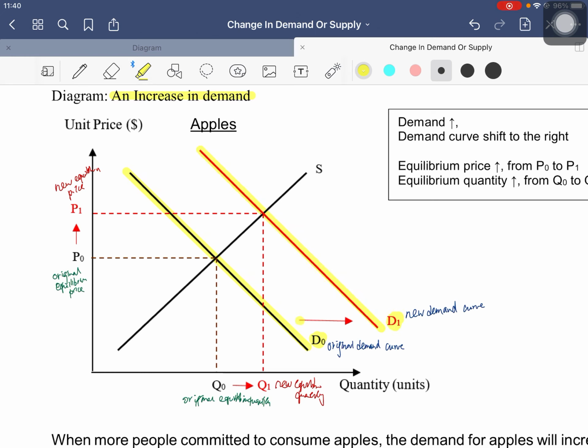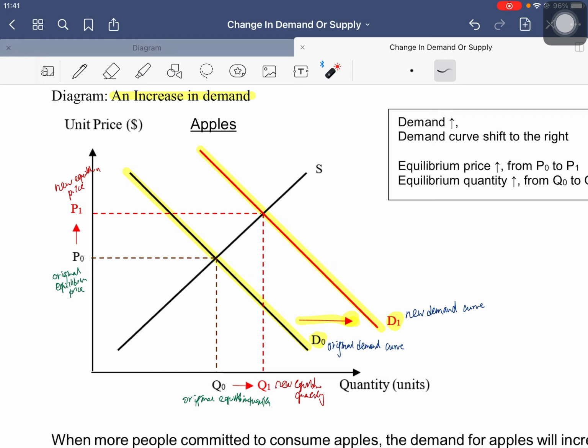So we are drawing a new demand curve here, D1. It represents the new demand curve. And we also use an arrow to represent the shift of the demand curve to the right.